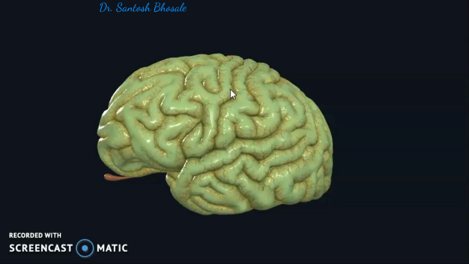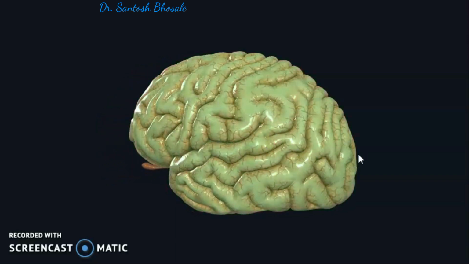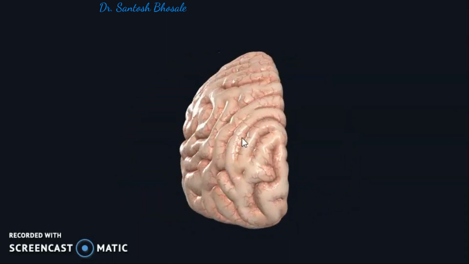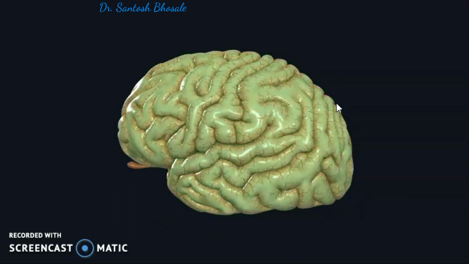Whatever lies behind the central sulcus and above the lateral sulcus is the parietal lobe, and whatever lies behind the imaginary line joining the parieto-occipital sulcus and pre-occipital notch is the occipital lobe, and whatever lies below the lateral sulcus is the temporal lobe. So these 4 lobes are there. They have extensions on the medial and inferior surface also. So this is how we divide into different lobes.